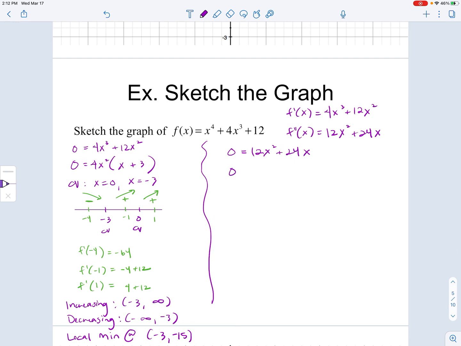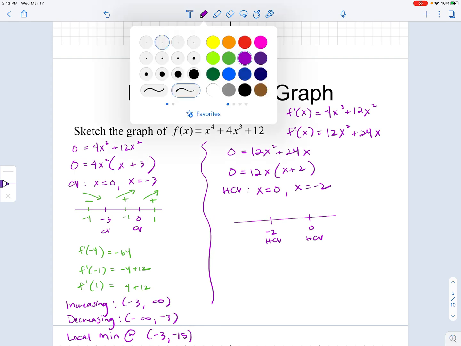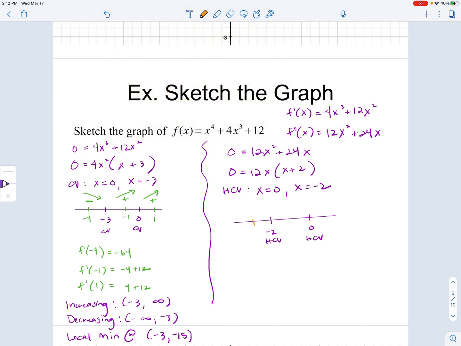Okay, identifying hypercritical values by setting the second derivative equal to 0. And putting those values on the analysis line. Choosing some test values.